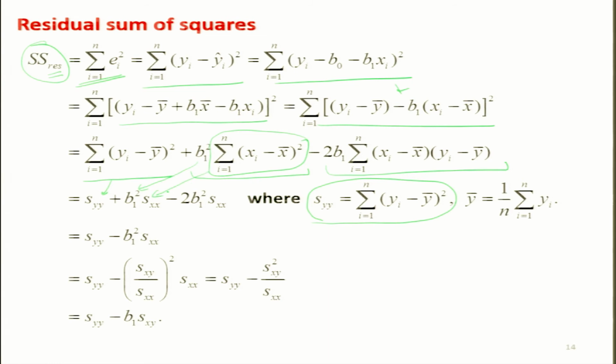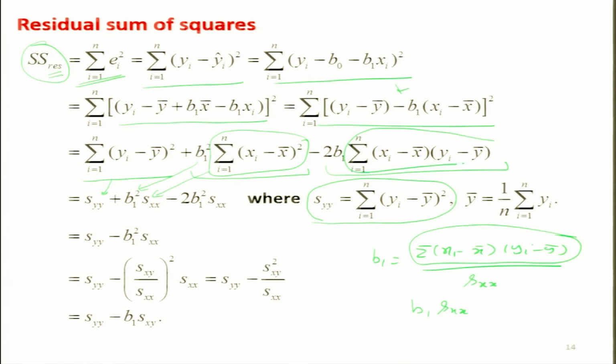And what about the third term? If you remember, B1 was summation xi minus x bar times yi minus y bar upon summation xi minus x bar whole square, which is Sxx. So, this quantity, summation xi minus x bar times yi minus y bar, can be written as B1 times Sxx. So, this becomes minus twice B1 square Sxx.